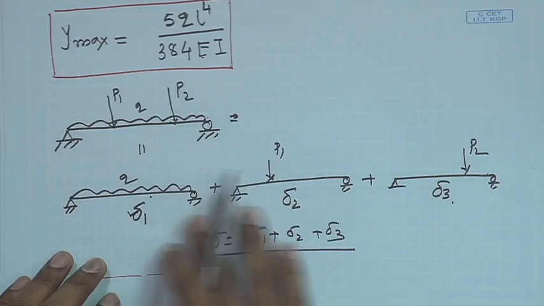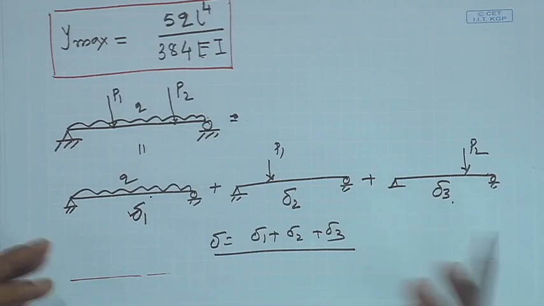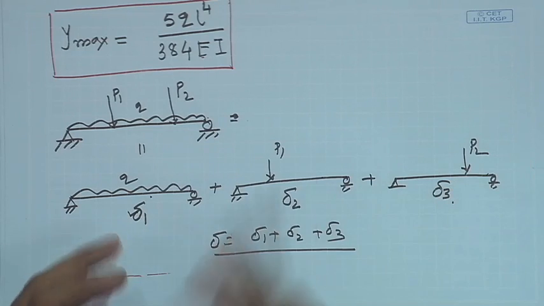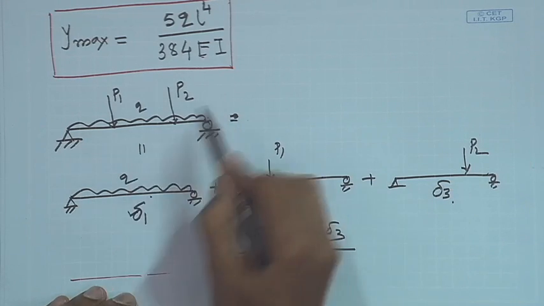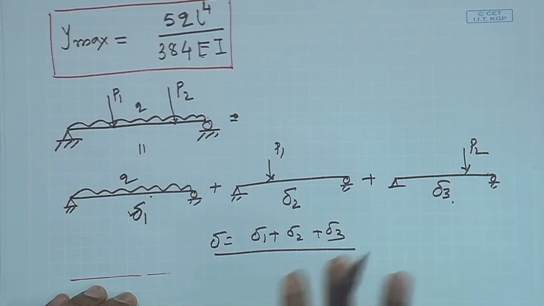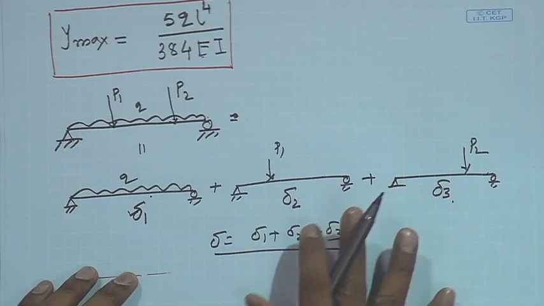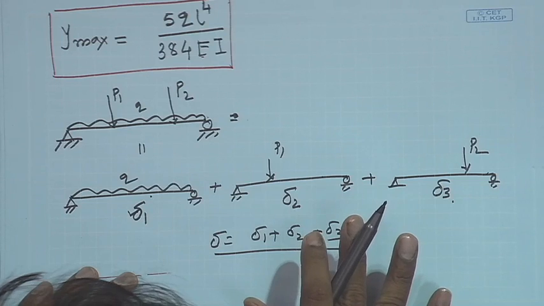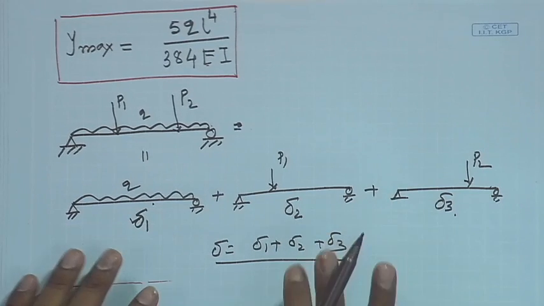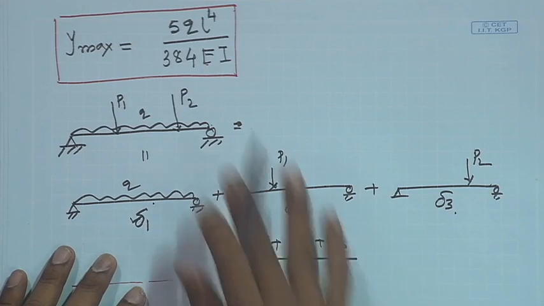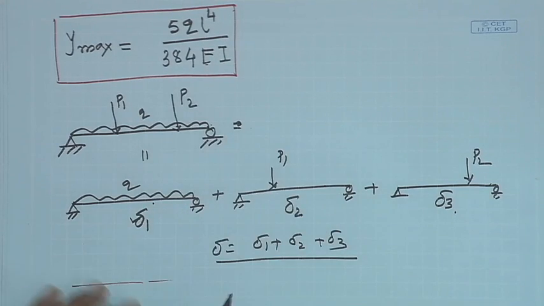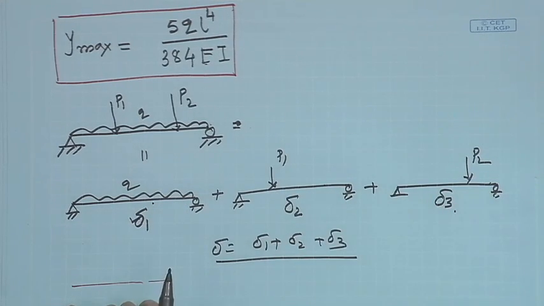This is called the principle of superposition, meaning we are superposing different problems to get the solution of the actual problem. This principle is applicable here because one of our major assumptions is linear behavior. If the behavior is not linear, then it may not be applicable.